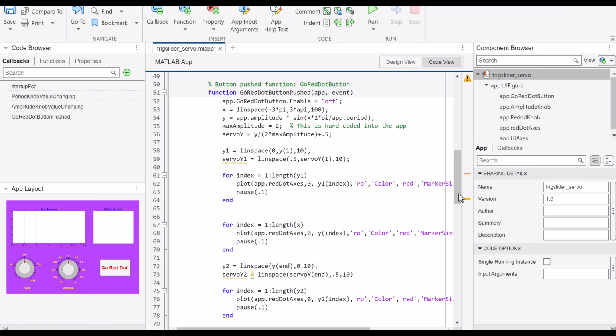So now, whenever I am moving the dot and plotting the dot, I need to also move the servo.